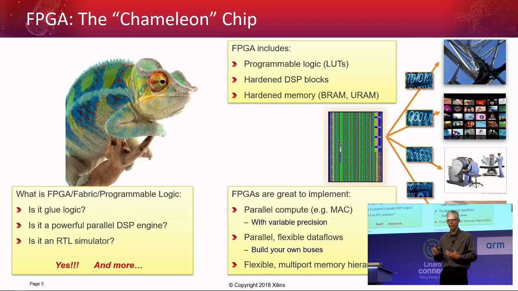It's really good for things like machine learning, where there is lots of experimentation right now, lots of new ways of doing things. You can have intelligent memory that's serving up all your weights in a really nice way, so you don't have to go out to memory all the time. So lots of innovation is happening right now around how to use FPGAs for machine learning and a lot of other things.